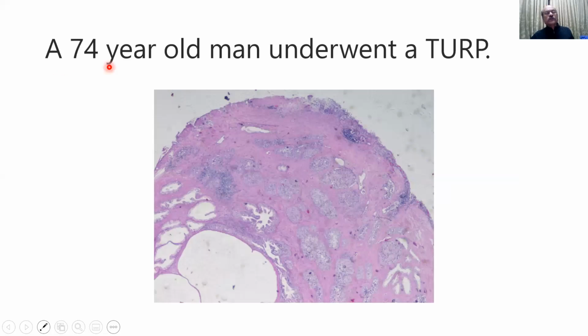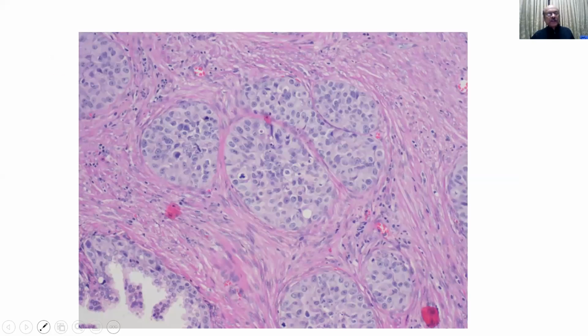Another case, a 74-year-old man, TURP. Here is the tumor. These are normal. So this is a normal gland. Here is the tumor component. These tumor cells look like urothelium, and they don't show an infiltrating pattern.